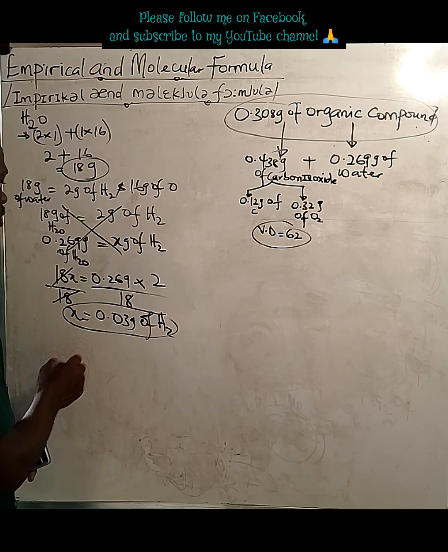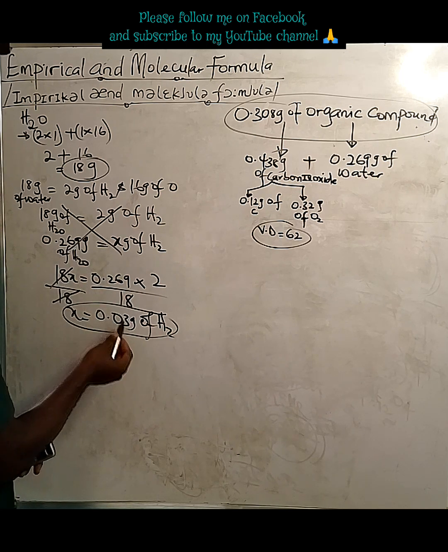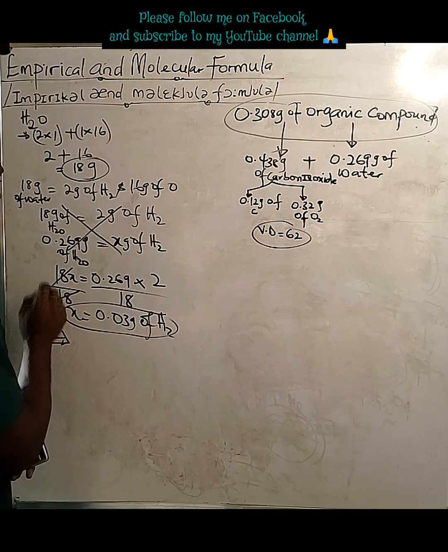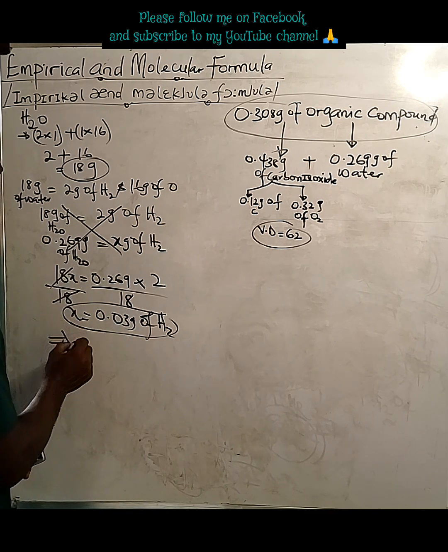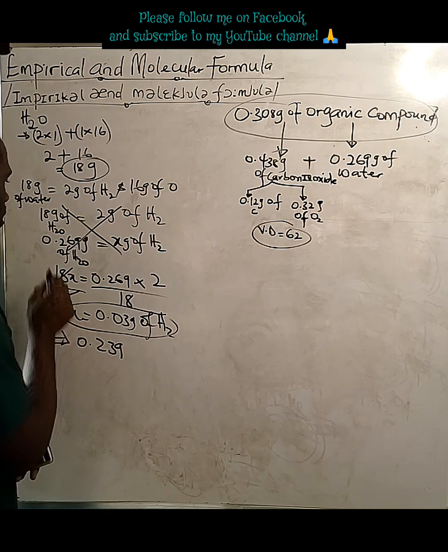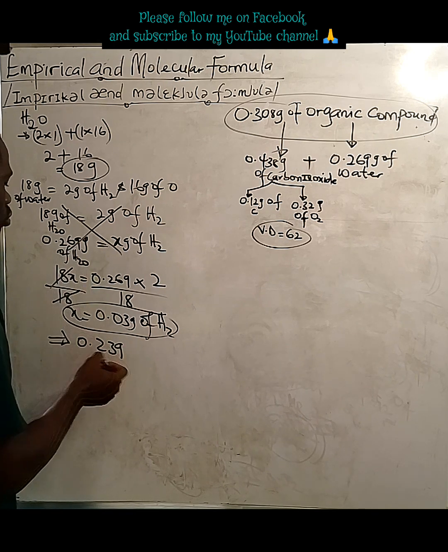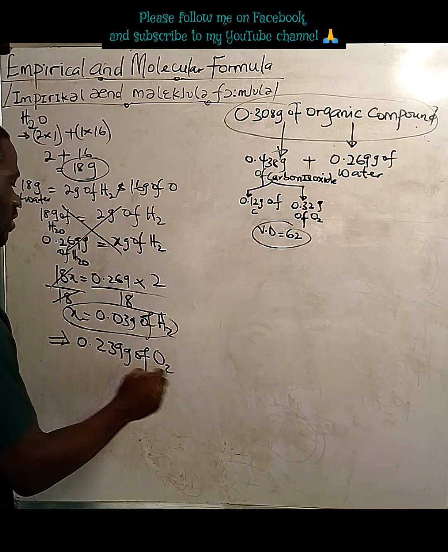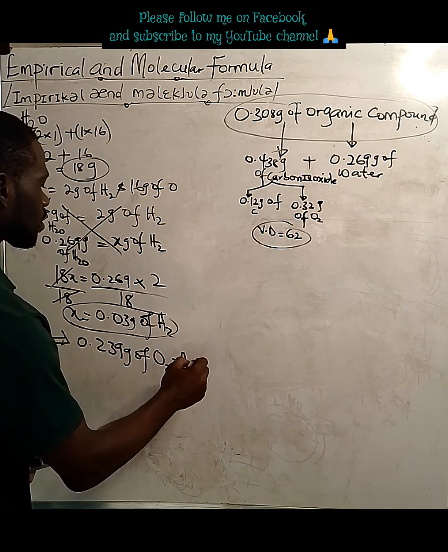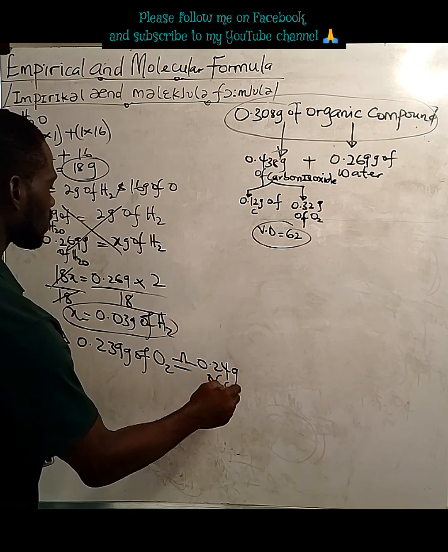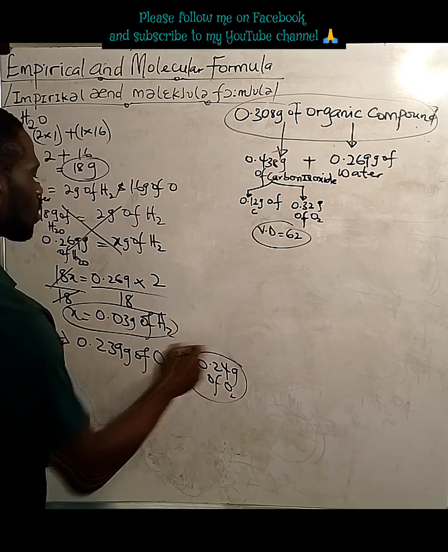So what's the amount of oxygen? That'll be 0.269 minus 0.03. Let's do that math. 0.269 minus 0.03 will give us 0.239 gram of oxygen gas, which is approximately 0.24 gram of oxygen. That's what we have.